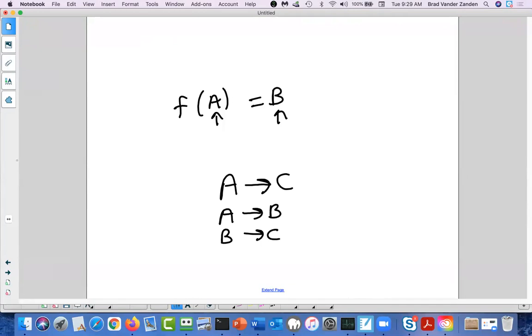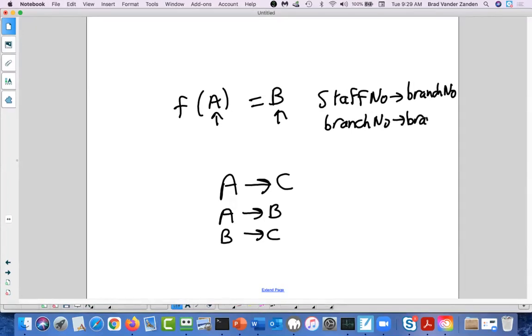So for example, we know that staff number determines the branch number. And we know that the branch number determines the branch address.